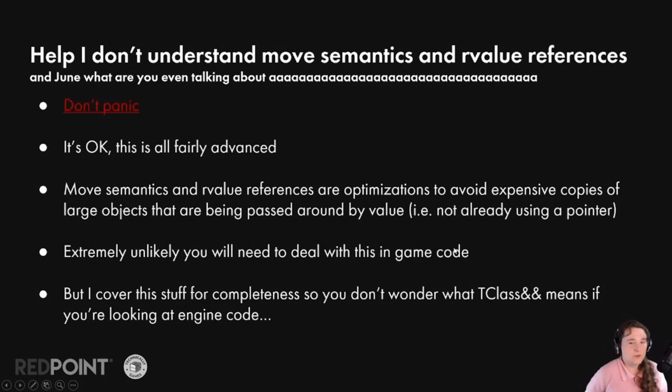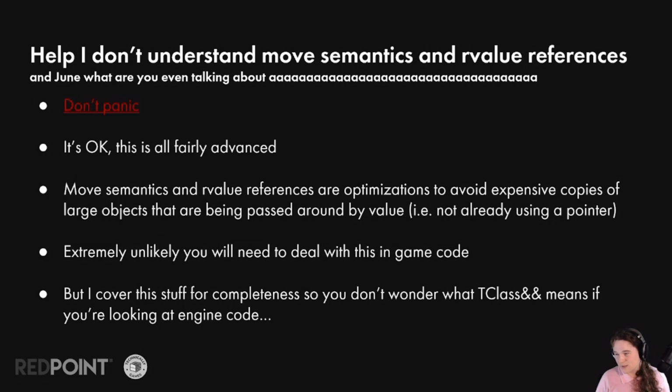Help, I don't understand move semantics and R value references. What are you even talking about? Don't panic. It's okay. This is all fairly advanced stuff. Move semantics and R value references are optimizations to avoid expensive copies of large objects that are being passed around by value, like I was talking about earlier.